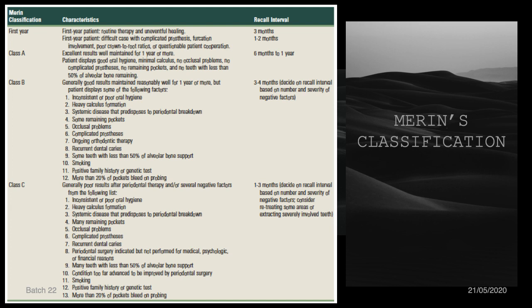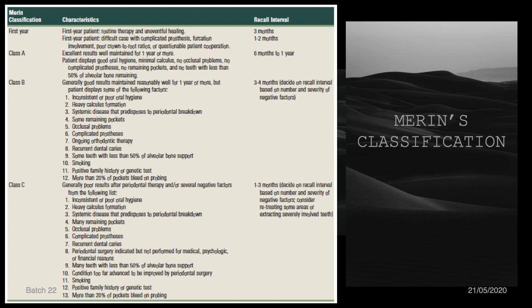Class B patients are patients who have a generally good result, maintaining reasonably well for the first 1 year, but have some problems like inconsistent or poor oral hygiene, heavy calculus formation, systemic disease, some remaining pockets, occlusal problems, complicated prosthesis, ongoing orthodontic treatment, recurrent dental caries, some teeth with less than 50% of bone support, smoking, positive family history or genetic history, or more than 20% of pockets bleeding on probing.